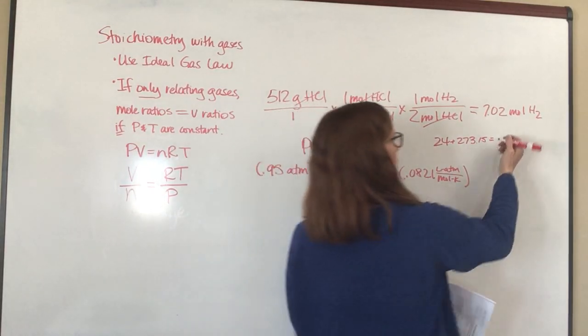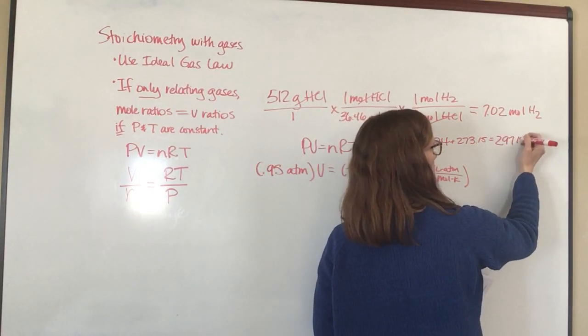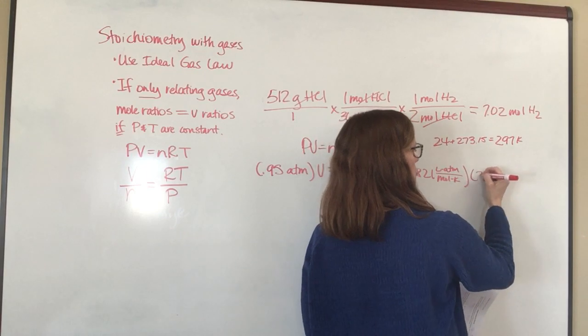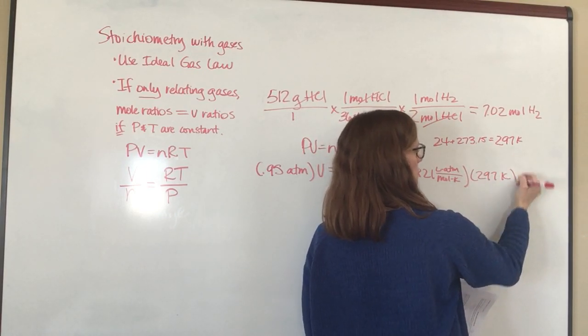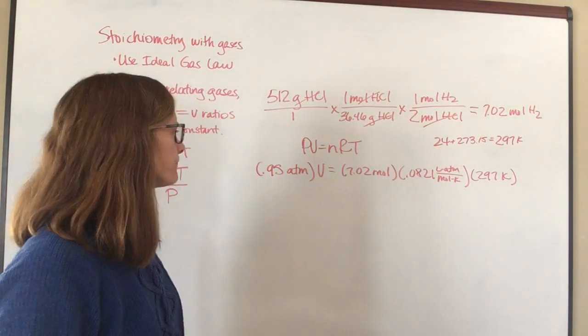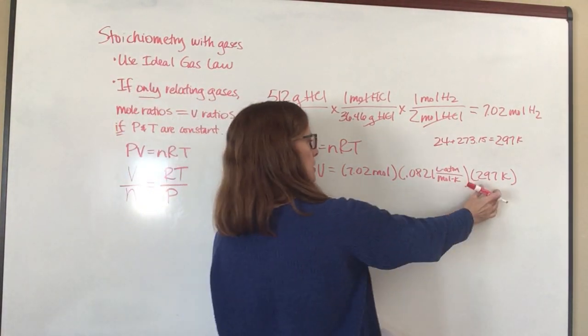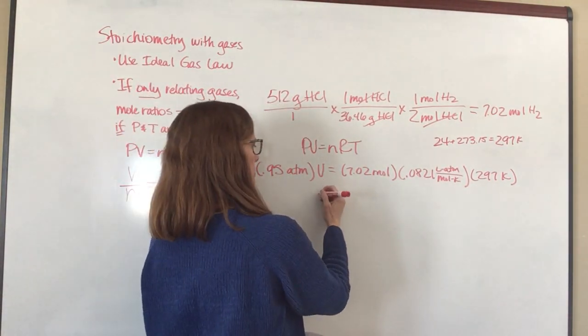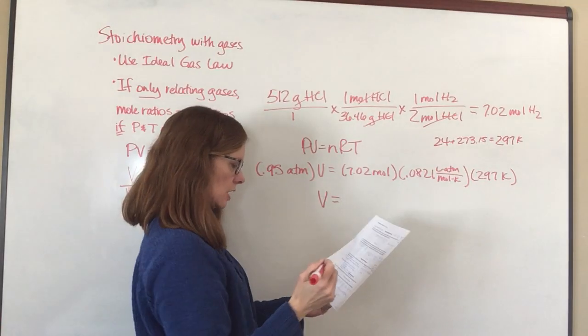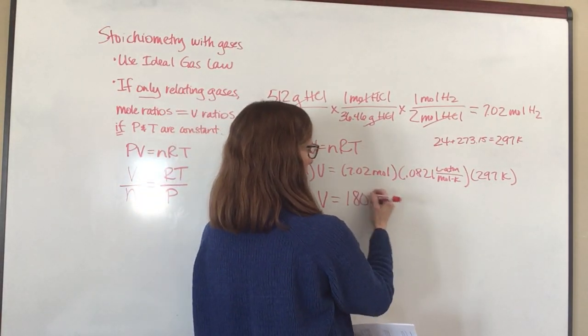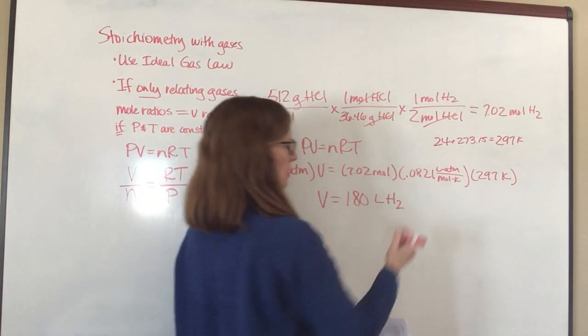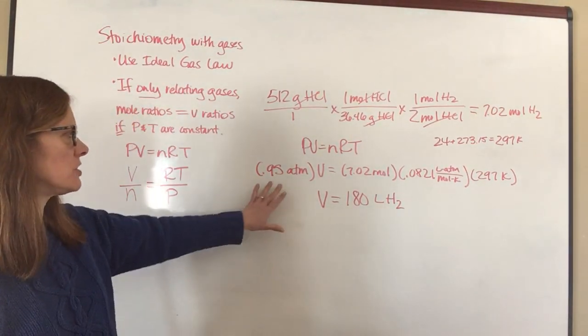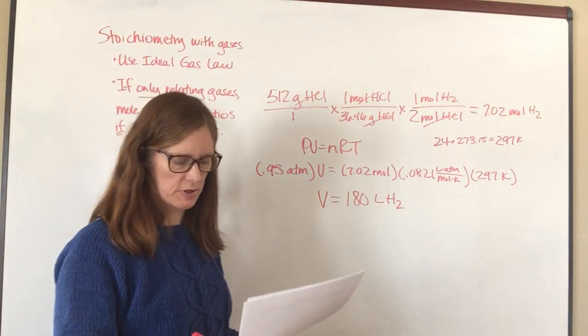And you're going to end up with a Kelvin temperature of 297 when you do that. So the 297 Kelvin is what will go here. Multiply these 3 numbers together, divide by the number of atmospheres, and you will end up with 180 liters of hydrogen gas. Okay, just 2 significant figures because that's all that my pressure was given in.